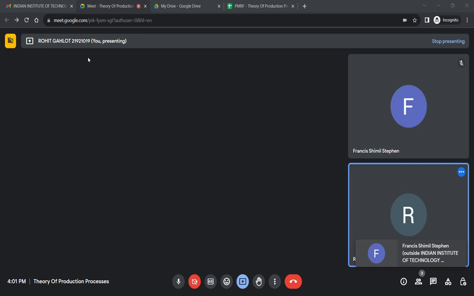Okay, so this is the problem. Try solving it; it is the same as before. I will read it for you. For producing a casting whose dimensions are given, and the important thing is that it is a side cylindrical riser, we need to determine the diameter of the riser, assuming that the modulus of the riser is 20% higher than the modulus of the casting.